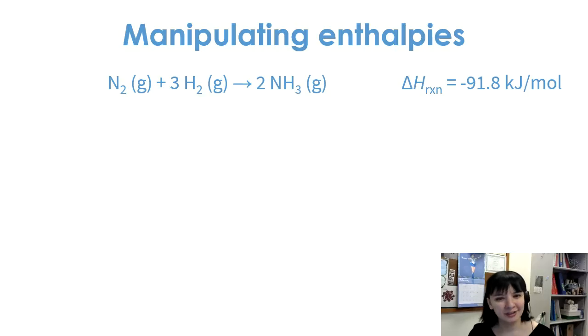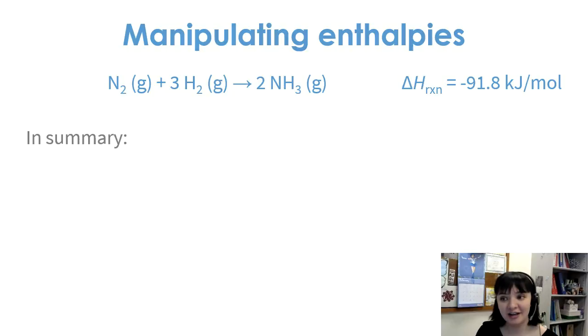Just to quickly summarize those things, let's look at this example of nitrogen gas and hydrogen gas forming ammonia, or NH3. Its thermochemical equation is written up above, where 1 mole of N2 plus 3 moles of H2 produces 2 moles of NH3 and has an enthalpy of reaction of negative 91.8 kilojoules per mole.